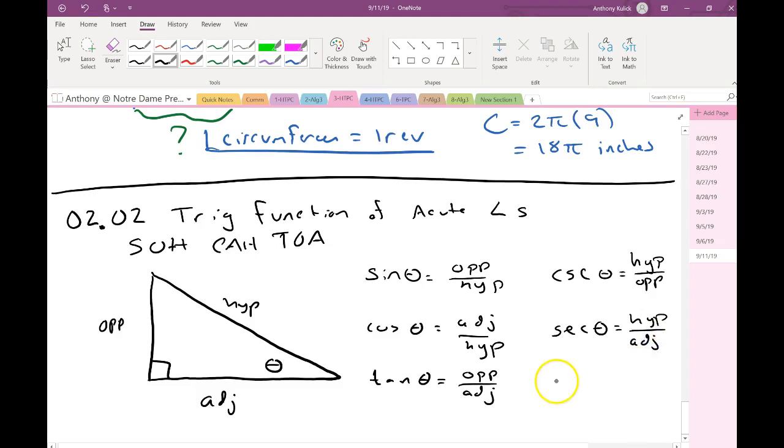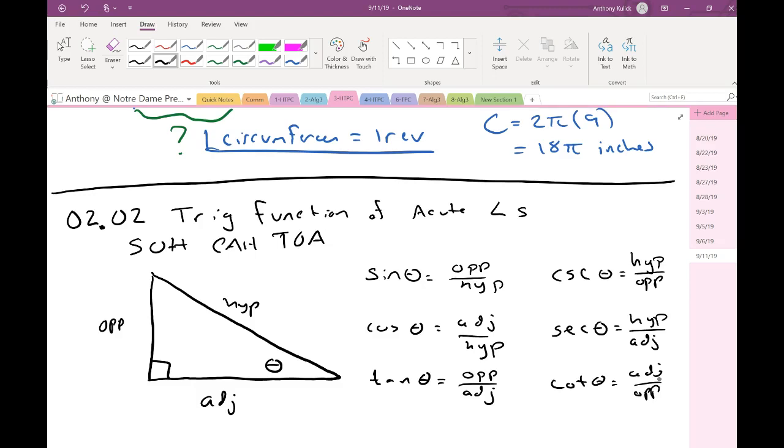And the third one is called cotangent, which we abbreviate as COT, and it is adjacent over opposite. Any idea as to why we refer to those three as the reciprocal ones? Because they're literally the reciprocal of sine, cosine, or tangent, respectively.